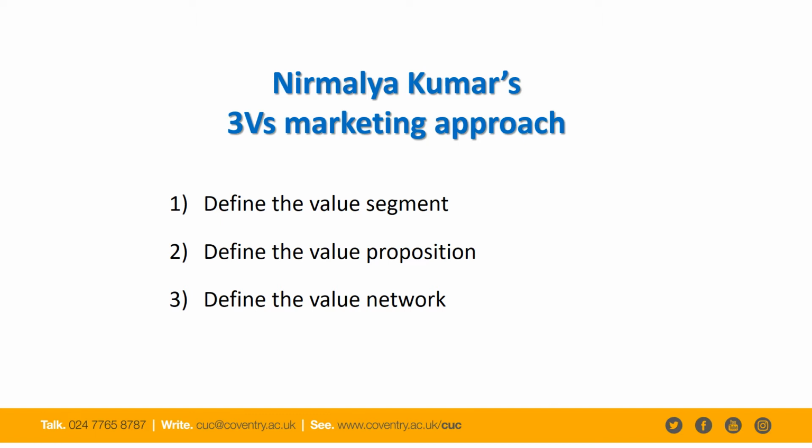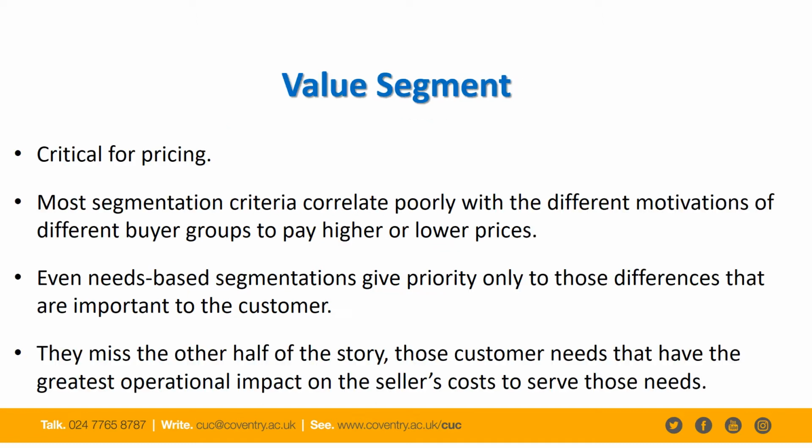Before we've looked at segmentation and positioning and how the business actually achieves all this within their business unit. But now we're going into a little more depth and talking about the value segmentation and the value proposition and the value network. So let's have a look at some of these elements.